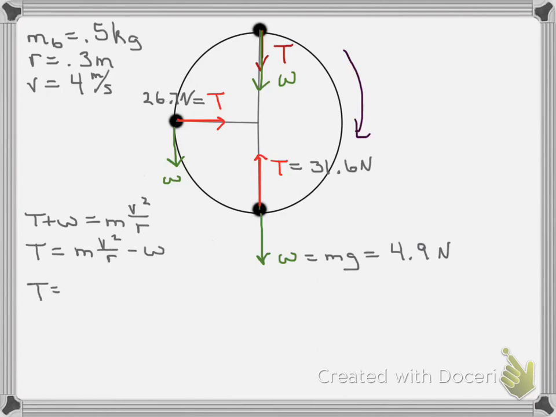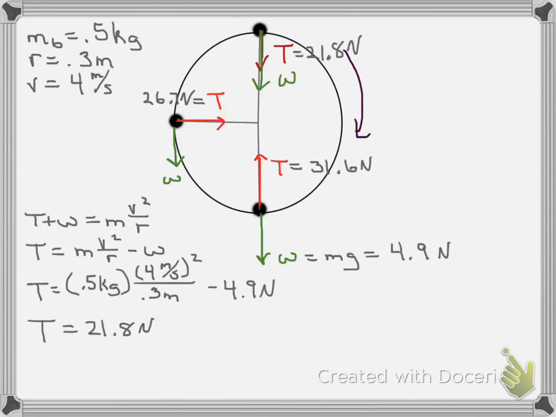And solving for tension, we get that tension is 21.8 newtons. So while the tension force in this example is always pointing towards the center of the circle, the weight force sometimes points away from the center, sometimes doesn't point along the radial direction at all, and sometimes points in towards the center of the circle.